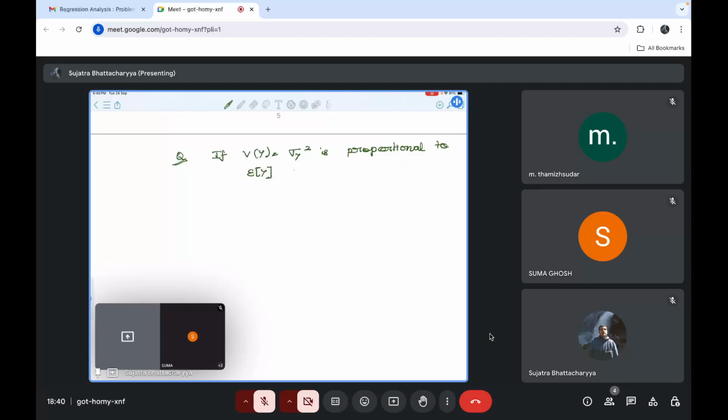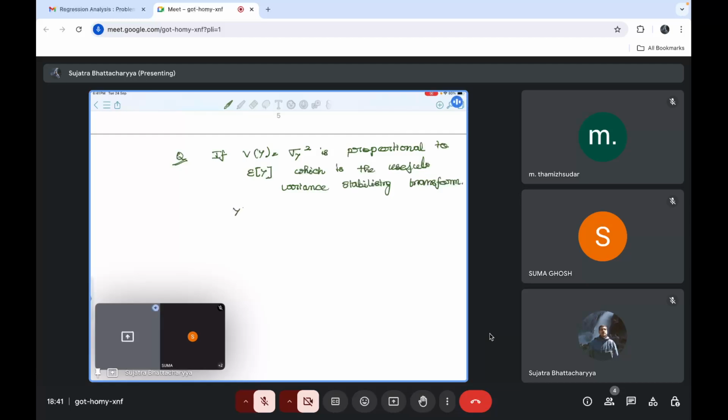And which is the useful variance stabilizing transform.